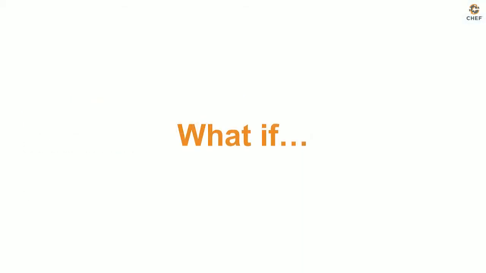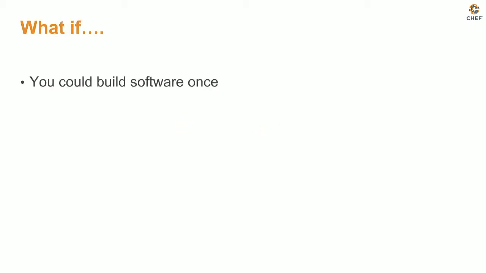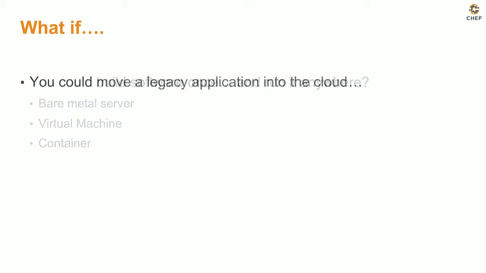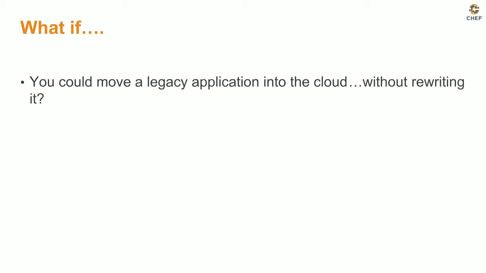I'd like to start today with a question, and that is, what if you could build software once and run it anywhere? Whether it's in a bare metal server, whether it's a virtual machine, or in a container. What if you could move a legacy application into the cloud without having to rewrite it?